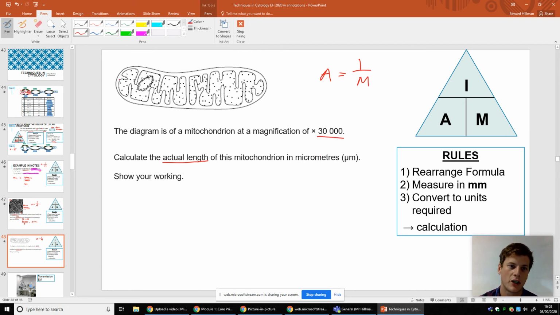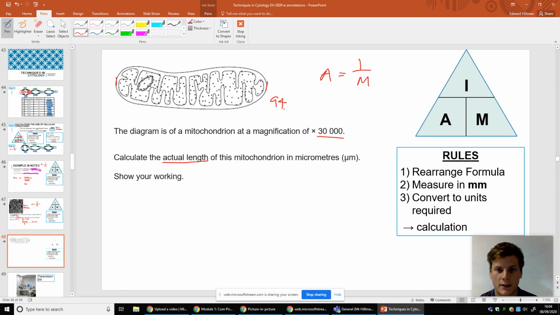We need to measure the distance from there to there. It says the actual length. If it says length and there's no bar to guide you, find the longest part of the structure. And if you did that with this question, you will have found that that longest part was 94.